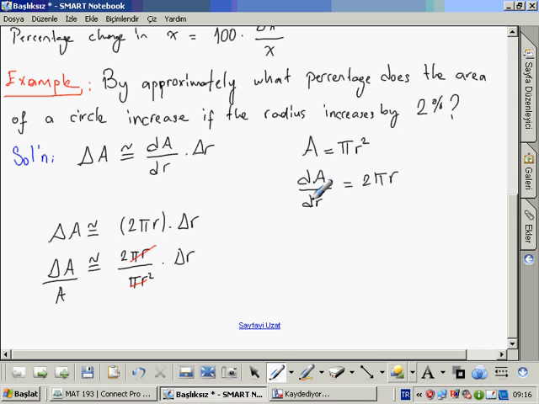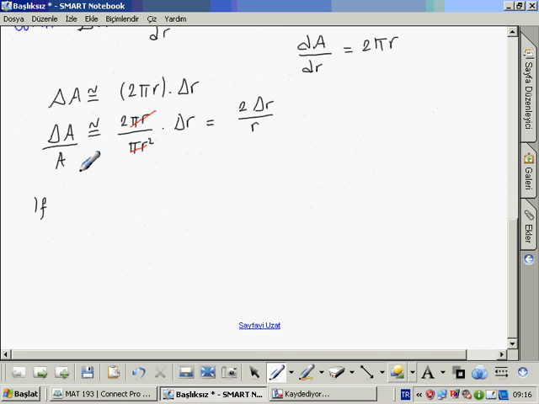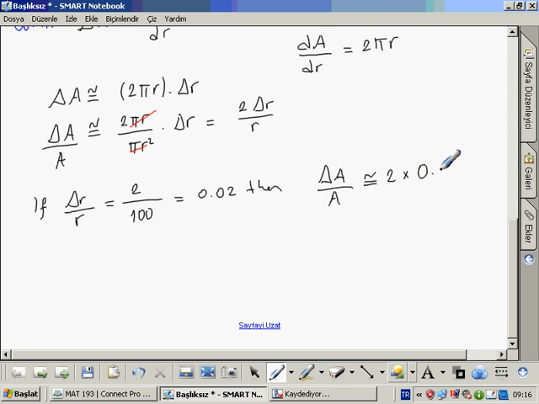After that, when you simplify it, you will obtain 2 delta R over R. If delta R over R is 2 over 100, which is the 2%, then delta A over A would be 2 times 0.02, because this part is this, and it comes here.